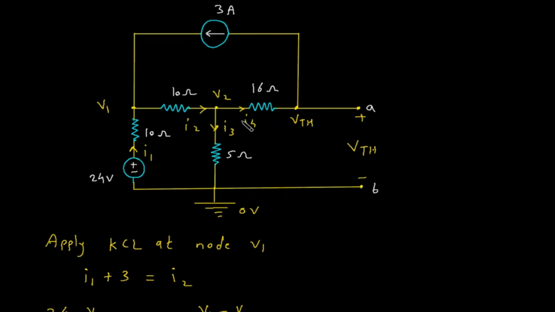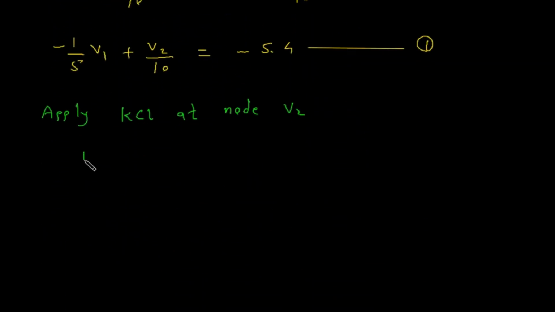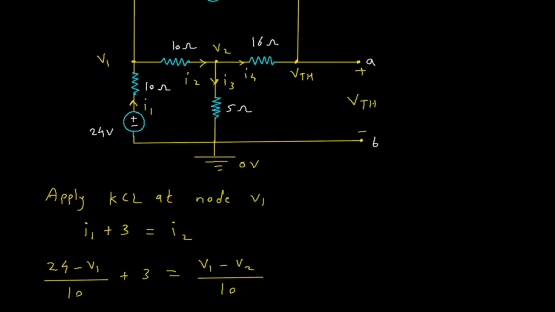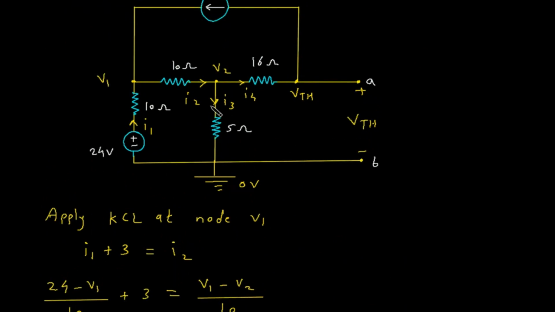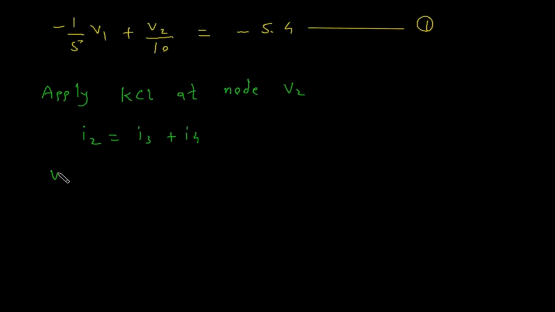I2 is equal to leaving current I3 plus I4. I2 is V1 minus V2 by 10, which is equal to I3 plus I4.